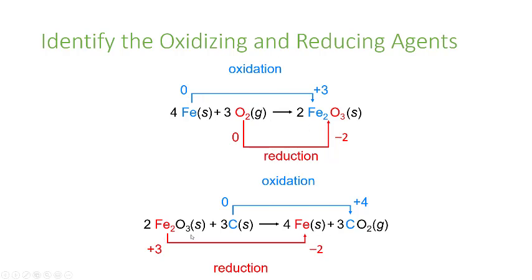In the second reaction, we see carbon is the reducing agent because it causes the iron to undergo reduction. But the reducing agent undergoes oxidation. Iron is the oxidizing agent because it causes carbon to undergo oxidation, but the oxidizing agent iron undergoes reduction. All right, so the oxidizing agent is reduced, the reducing agent is oxidized.